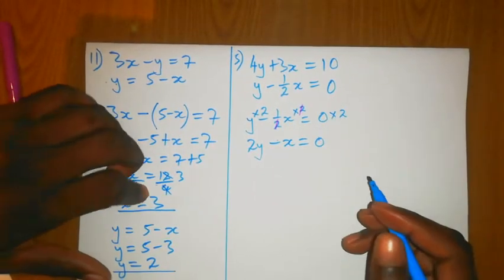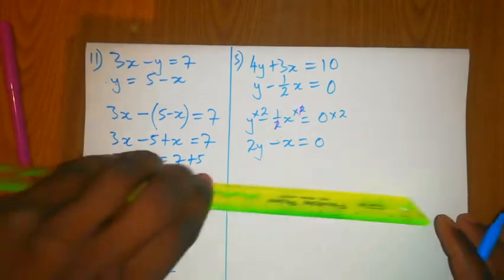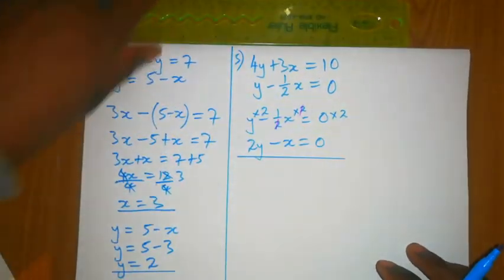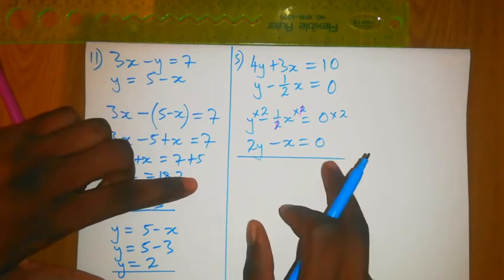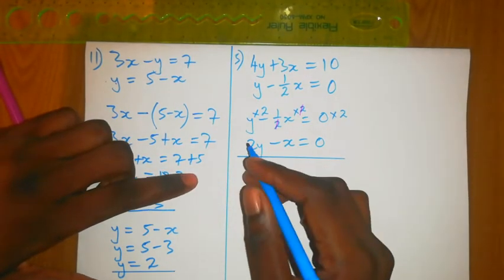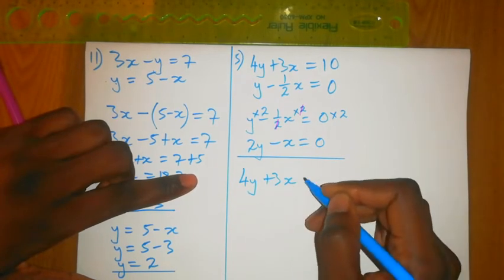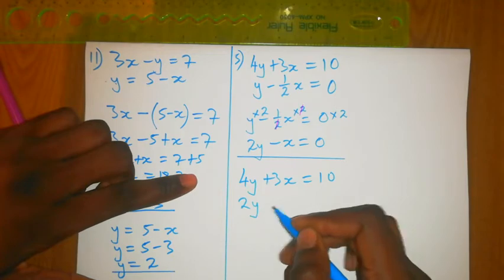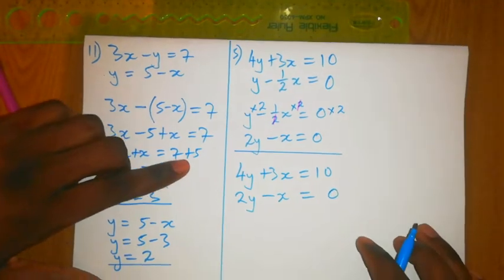Then I'll rewrite my equation now. I'll put a line here. If you're in an exam, maybe these lines we can put using a pencil. So now it's 4y plus 3x is equal to 10. Then 2y minus x is equal to 0.